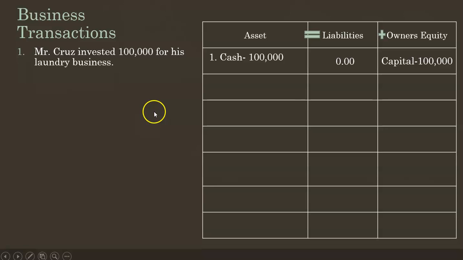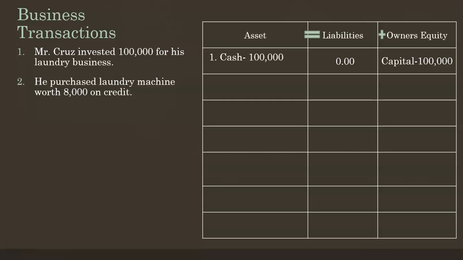Let us try transaction number 2. He purchased a laundry machine worth 8,000 on credit. So, he purchased. He was able to buy, so what did he receive? A washing machine worth 8,000 pesos.